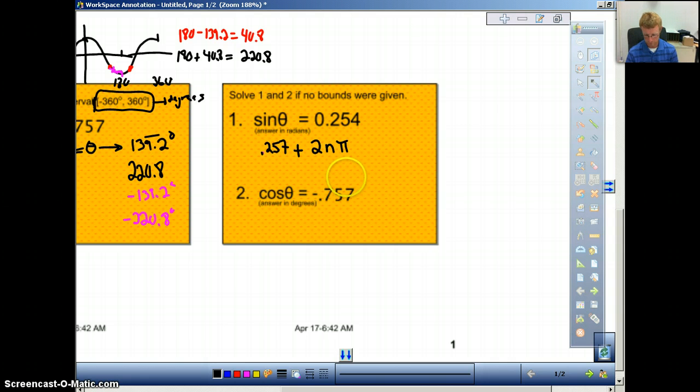The other one, which was 2.885, we will also add 2 times n times pi to that as well. So we have both of our initial values, and all we're doing is adding 2n pi. n can be negative, and that would go in reverse, or it could be positive. Basically, every 2 pi after that or every 2 pi before that, we're going to get a solution.